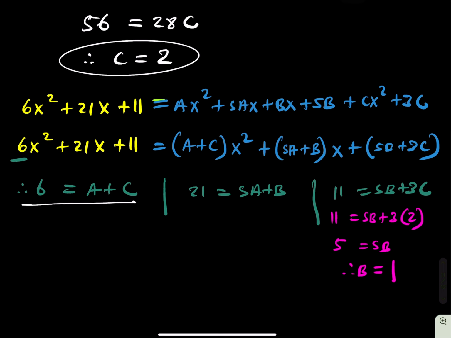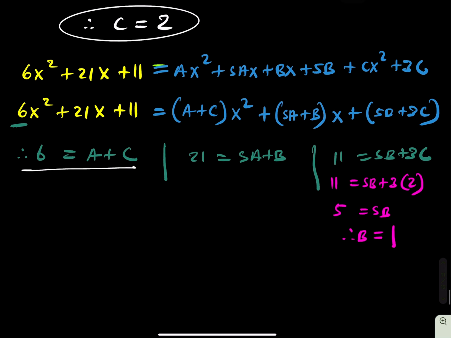From there, you can verify it in many ways, because the first equation now has c. So if you want to get a, you are going to substitute the c here. That is going to be 6 equals a plus c. c is 2. Therefore, your a is going to equal 4.